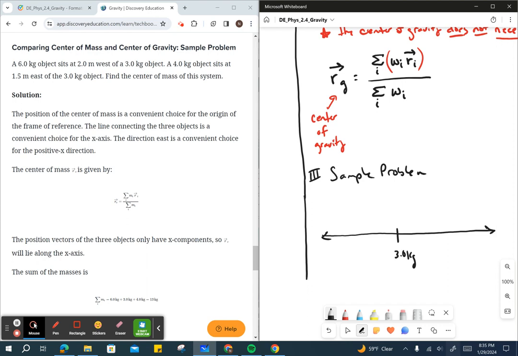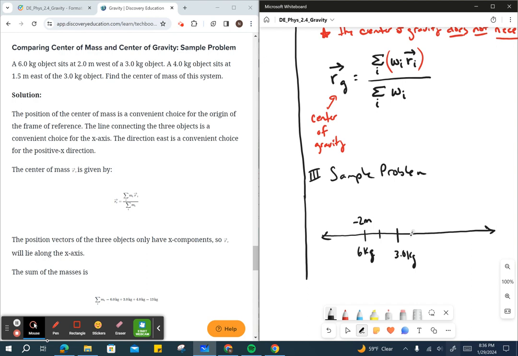And going west 2 meters, we have a 6 kilogram object. And this is at a location of negative 2 meters. And then we have this other object that's 4 kilograms at 1.5.